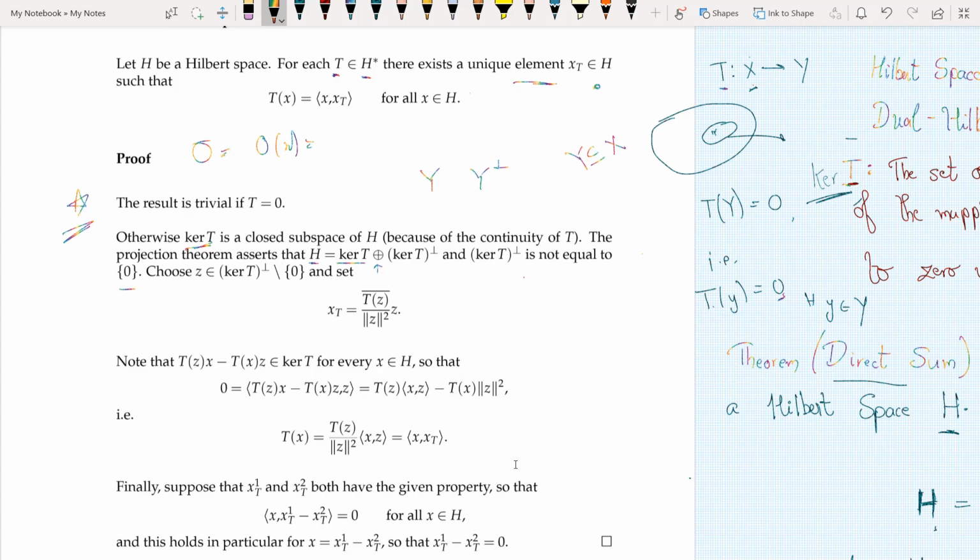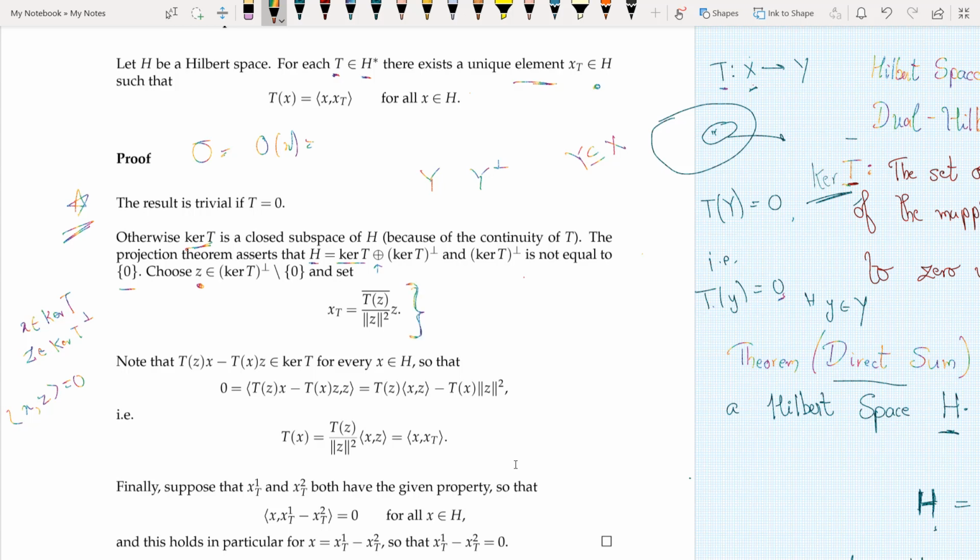Now I choose any element z belonging to the space perpendicular to the kernel of T, which means if I have x belonging to kernel T and z belonging to kernel T perp, then the inner product of x and z would be equal to 0, because that's the property. Now I define xt to be equal to this quantity.